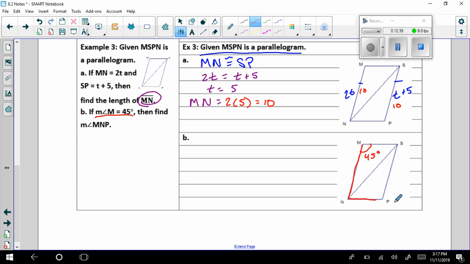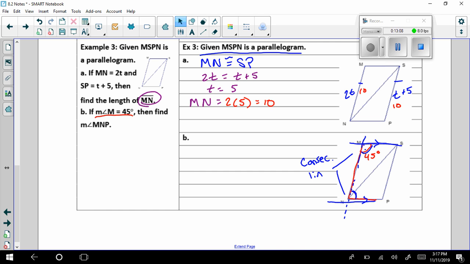All right, so this goes all the way back to our unit on parallel lines. Remember that these two lines here and here are parallel. So this is your transversal. So if this is 45, then those two angles here and here have a very specific relationship in that they are consecutive interior angles, or same side interior angles, SSIA.